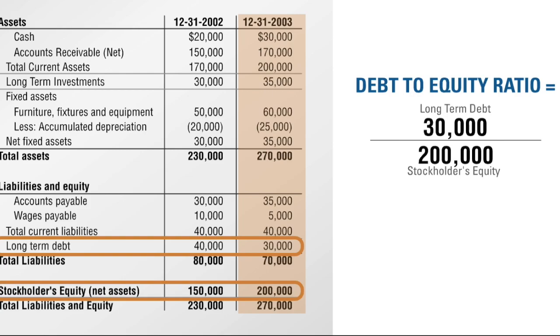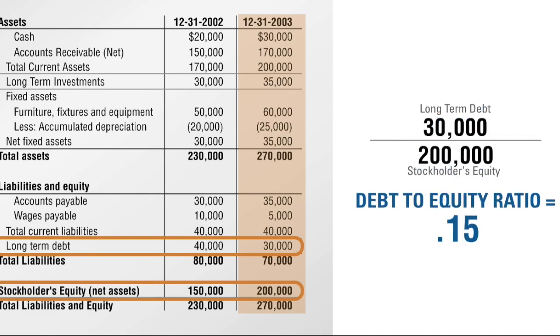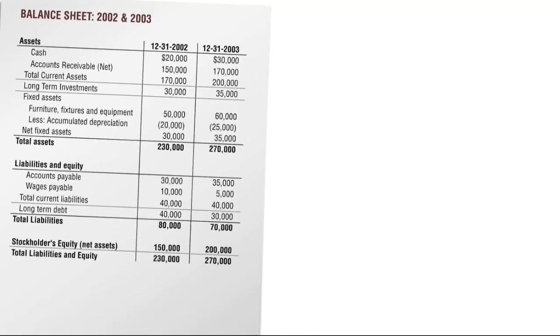When you divide the long-term debt by the stockholders' equity, you get a result, or debt-to-equity ratio, of 0.15. Using an average debt capacity of 50% of total assets, the practice has a debt capacity of $135,000 in 2003. With $30,000 debt outstanding, the practice has $105,000 in additional debt capacity.